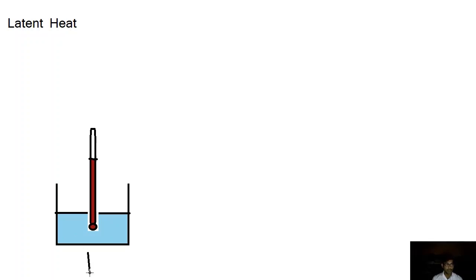So here we are supplying heat. Now what actually happens when we heat this? We see that when we heat it, the temperature of the water rises, that is, the mercury column rises.